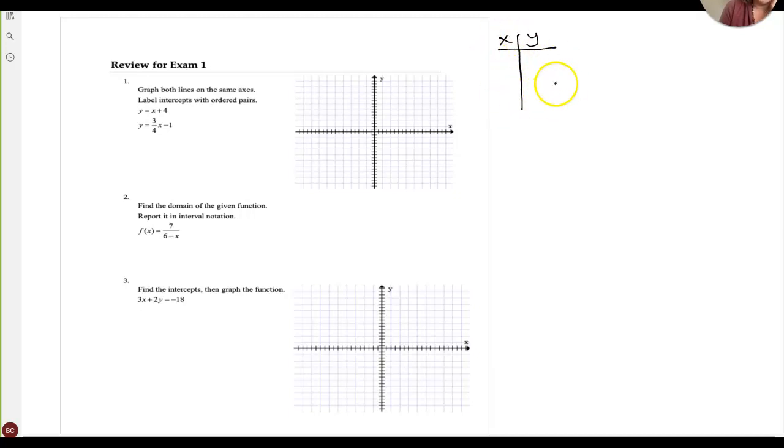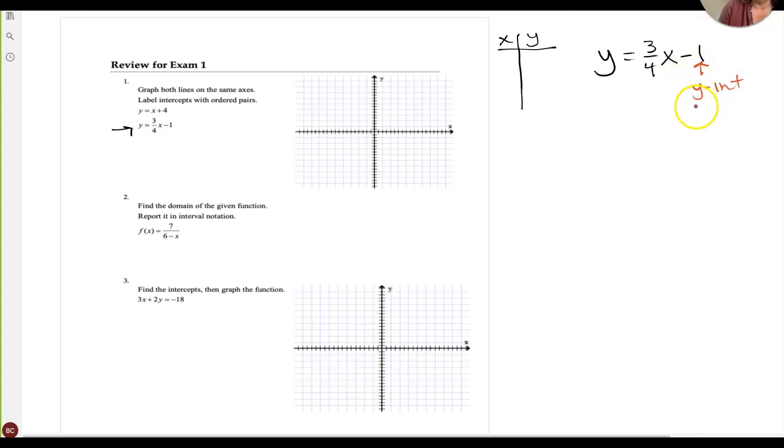Okay, so you can definitely pick x's and figure out what y's are, or you can look at your equation. Let's look at this one here: y equals 3/4 x minus 1. This -1 is your y-intercept, and that's where you can start.